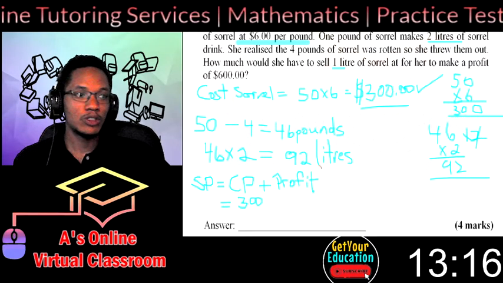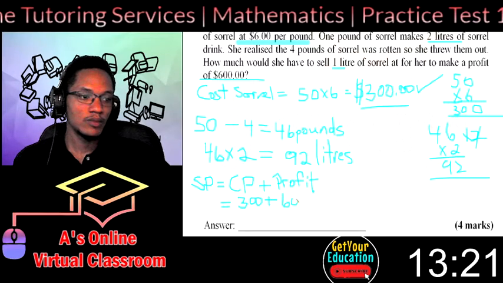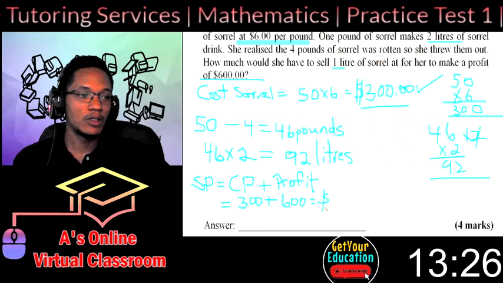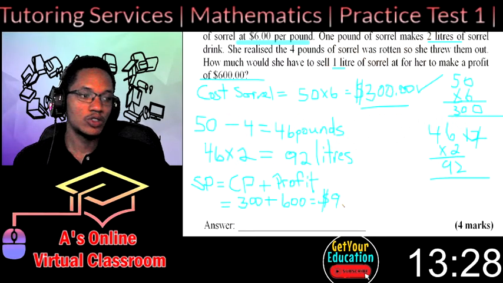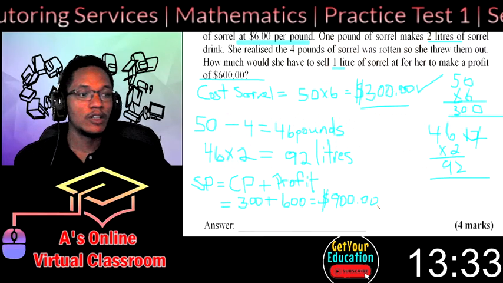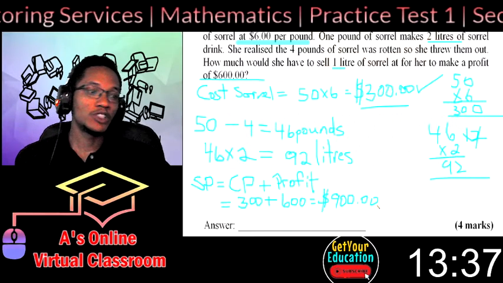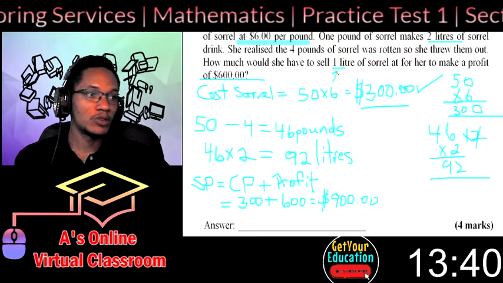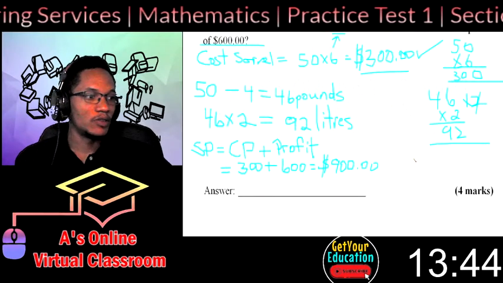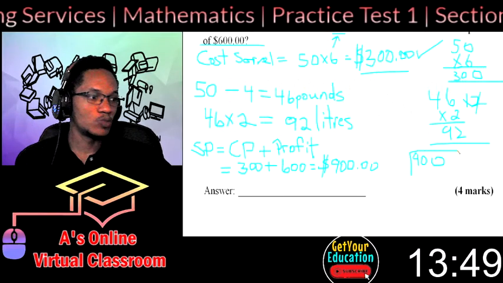The question told us she wants to make a profit of $600. So therefore she wants to make $900. By the time she sells all her sorrel drink, she wants to make $900. So now to figure out how much she has to sell 1 liter for, you have to take the 900 and divide it by the 92.